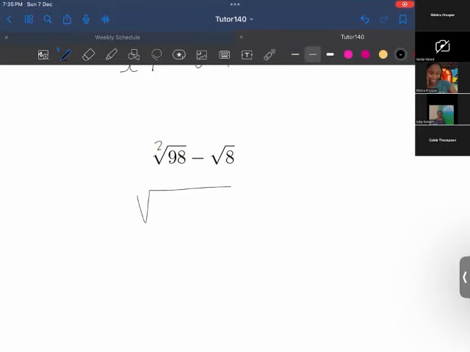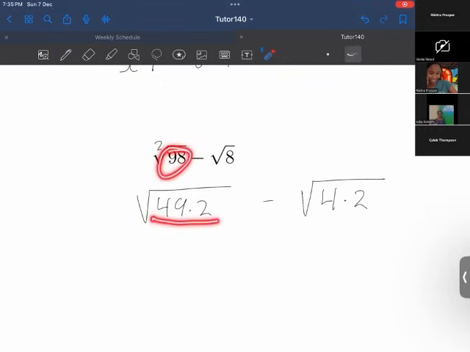So 49 times 2. 49 is a perfect square. And then 8 is 4 times 2. 49 times 2 is 98, and 49 is a perfect square. 4 times 2 is 8, and 4 is a perfect square.